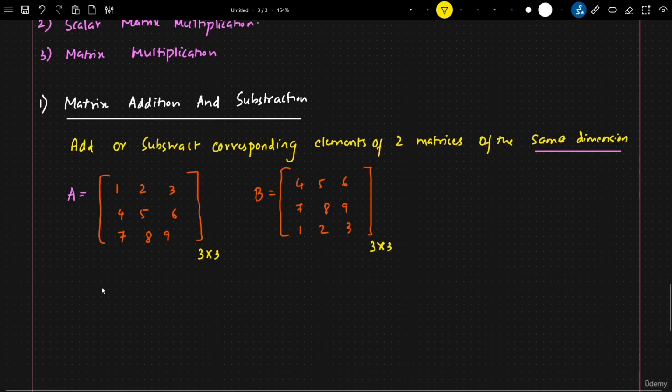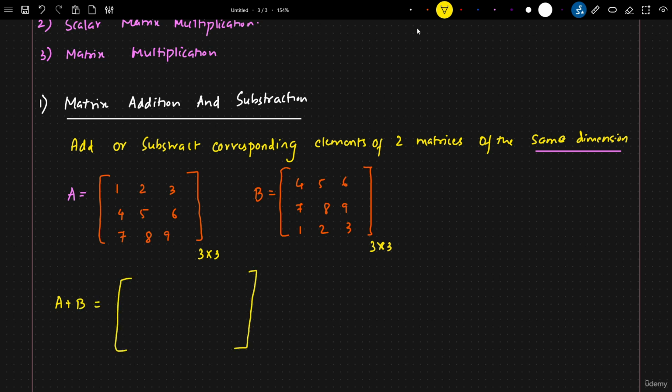Now I can perform any kind of operation, A plus B, right? Let's consider that this data set represents daily sales. Let's say I have a data set A, and in this data set I have features like product A, product B, and product C. And row wise, this is my day 1 sale, this is my day 2 sale, and this is my day 3 sale.